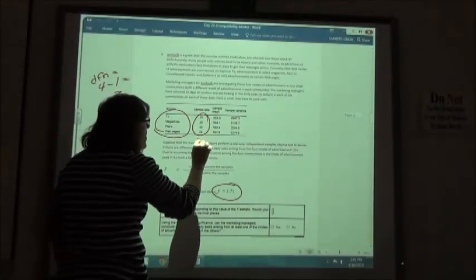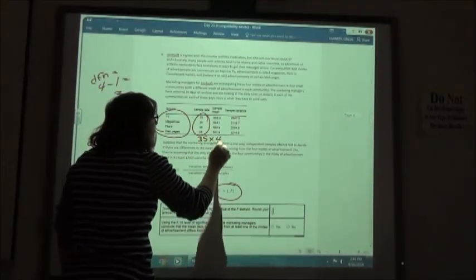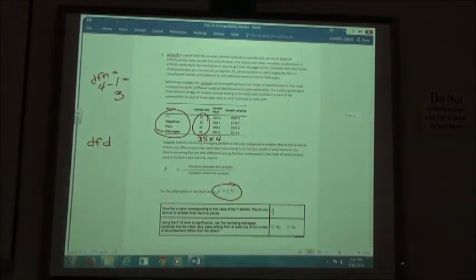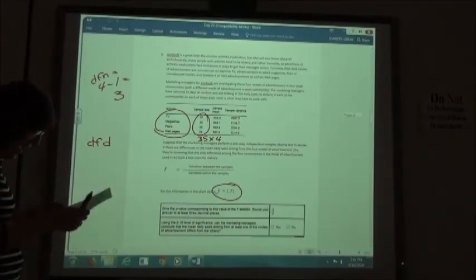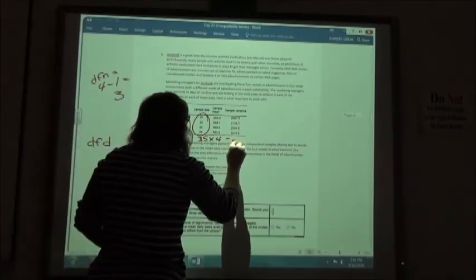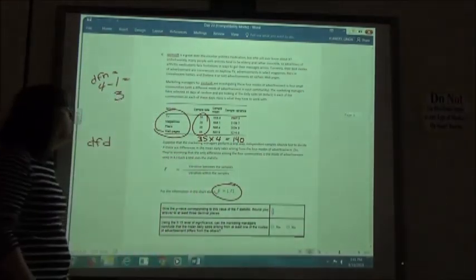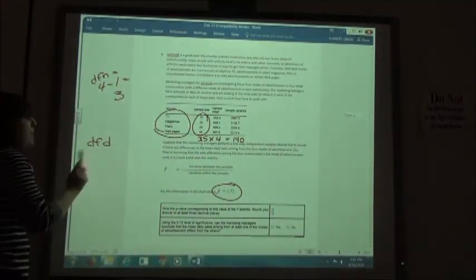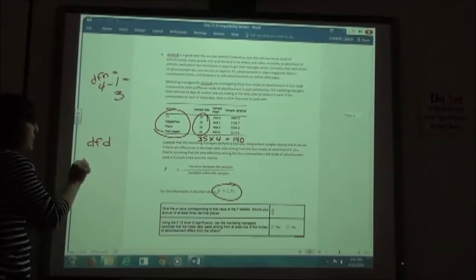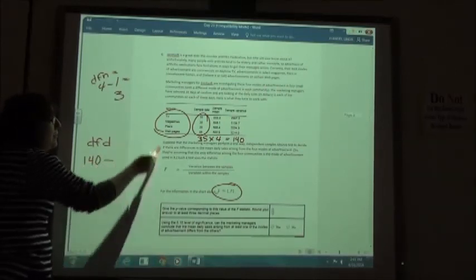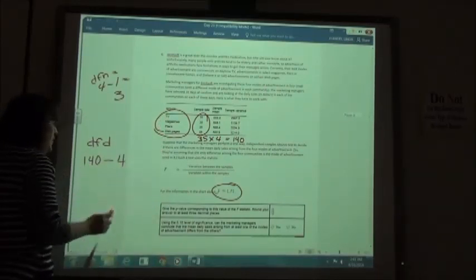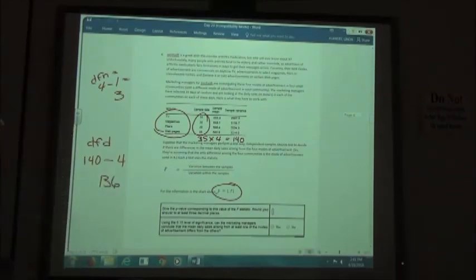Well, since they're all 35, you could take 35 plus 35 plus 35 plus 35, but it'd be way quicker to do 35 times 4, since we have 4 groups of 35. 35 times 4 should give me 140. So for the degree of freedom in my denominator, I'm going to take that 140 and subtract the number of groups, which is 4. 140 minus 4 would give me 136.